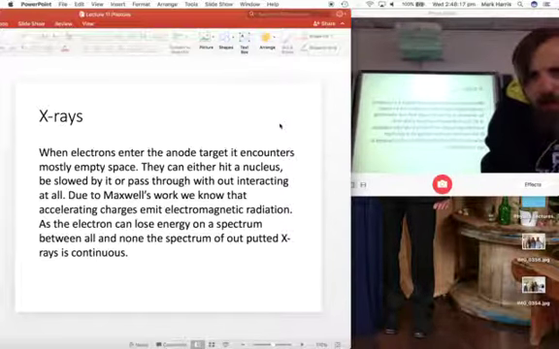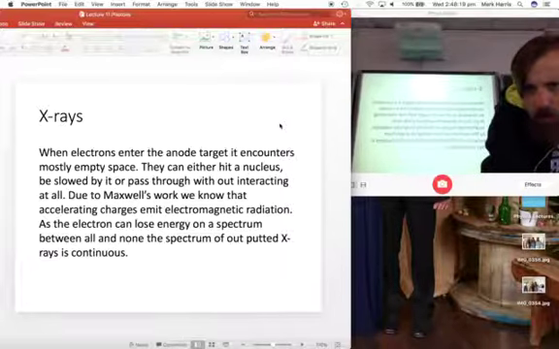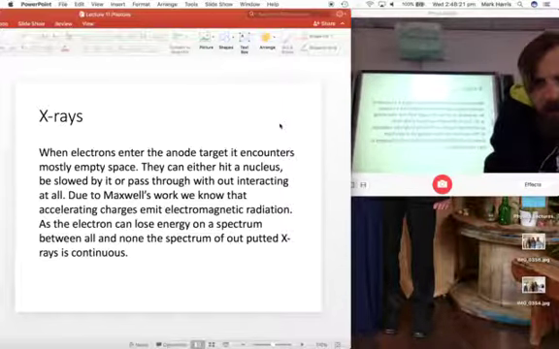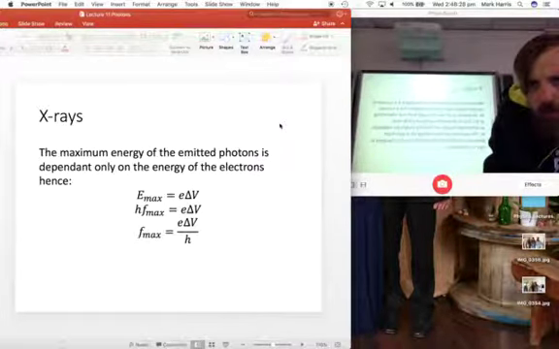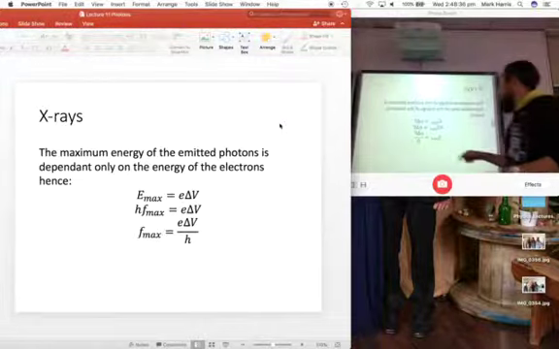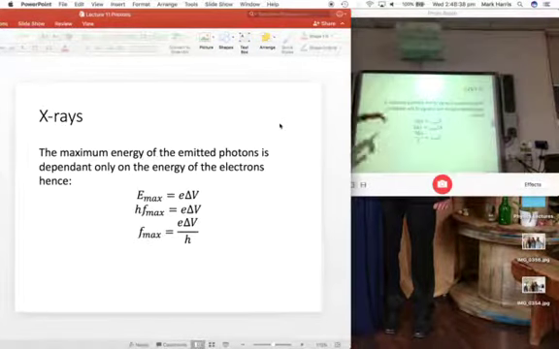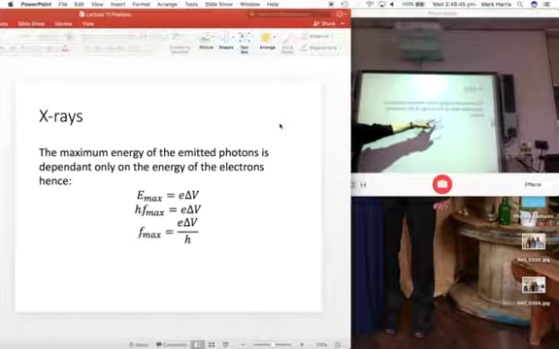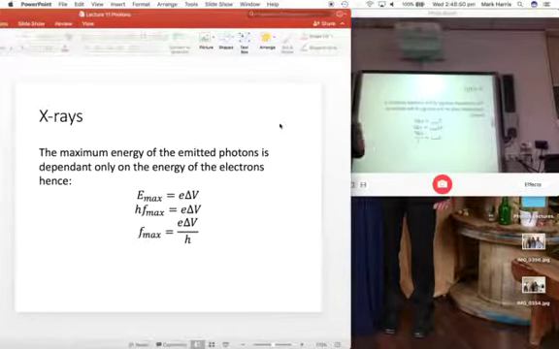As the electron can lose energy on a spectrum between all or none, it's outputted on a continuous spectrum between 2 points. The energy of, this is similar to what we've had before, the energy of emitted photons is dependent only on the energy of the electrons, hence Emax is the energy from the voltage.